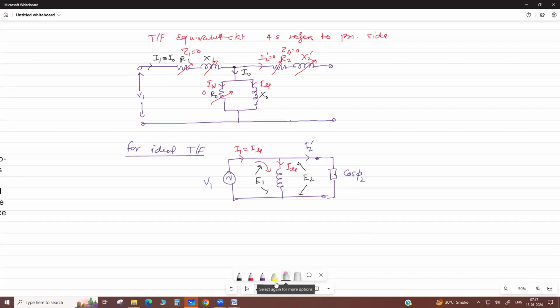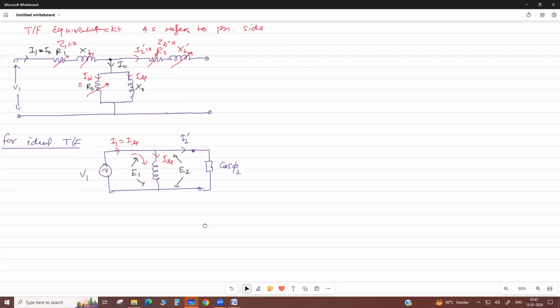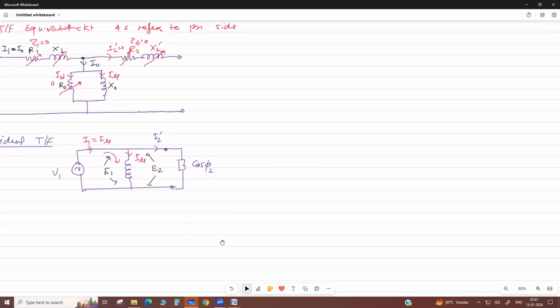So this can be represented in a phasor diagram. See, just first we consider no load. We neglect this. Then this current is zero at no load. Only induced voltage, terminal voltage. So actually there is no drop here, no leakage impedance.